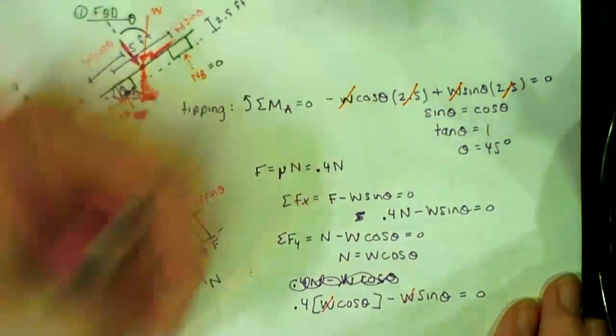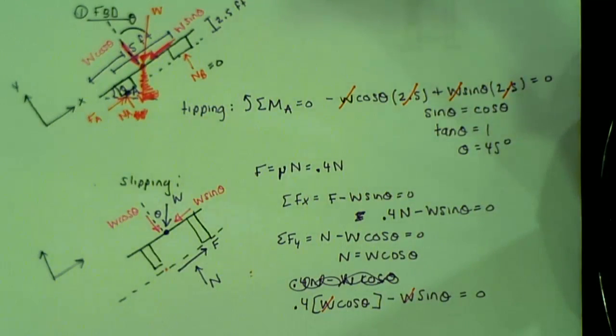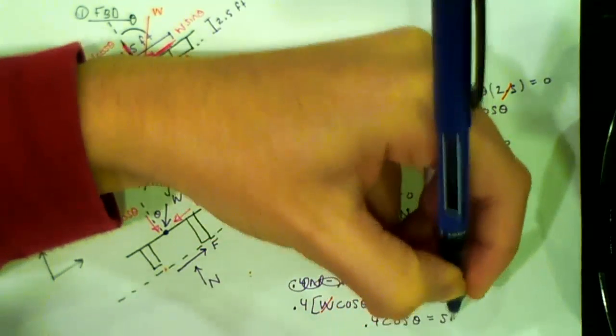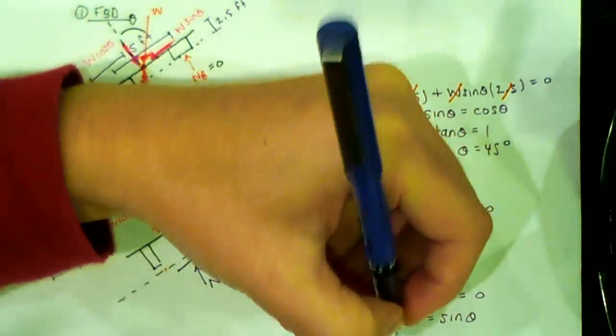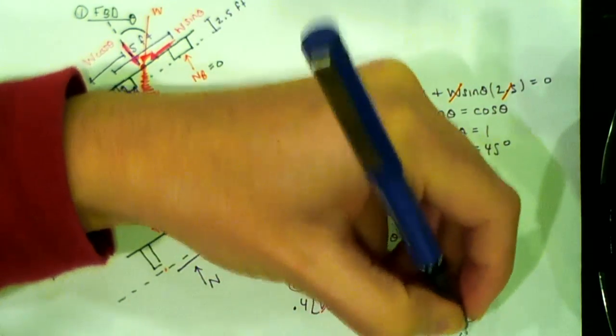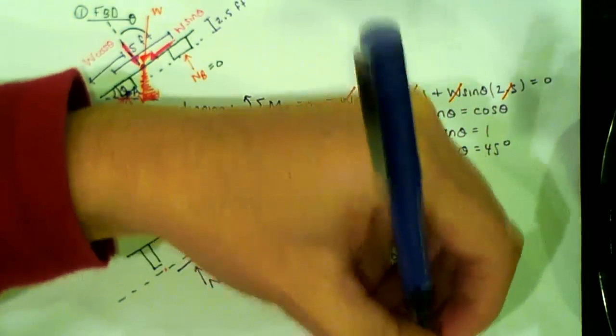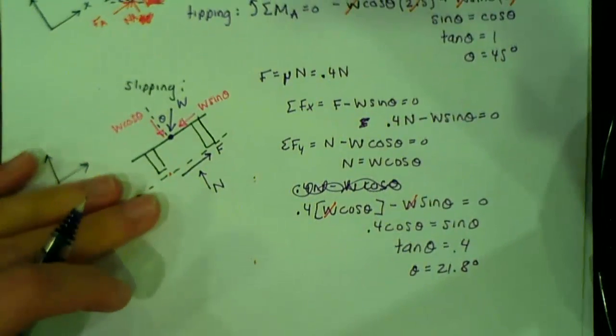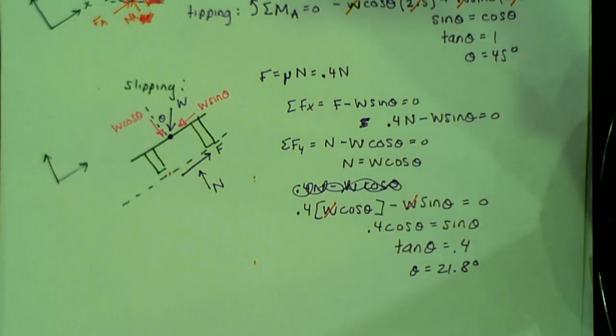So that and that cancel, and you get 0.4 equals sine theta divided by cosine, so tan theta is equal to 0.4. Solving, theta is equal to 21.8 degrees. So the maximum angle so that it doesn't slip down the slope is 21.8. Since that is less than 45, the maximum angle, therefore, would be 21.8.